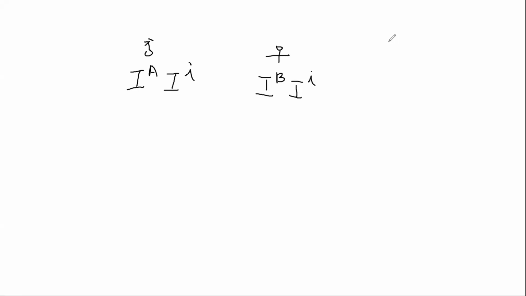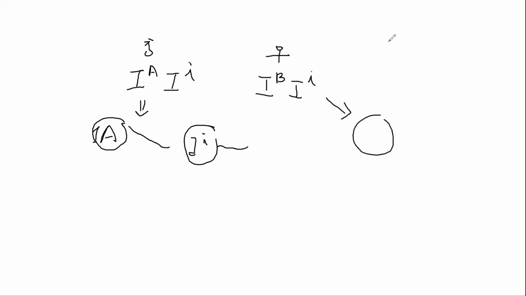So in this one, this father will produce sperms, okay? The types of blood sperms can be either have A or have this i. That's the sperm, okay? And for the mother, the eggs, you can have either the B or the recessive.